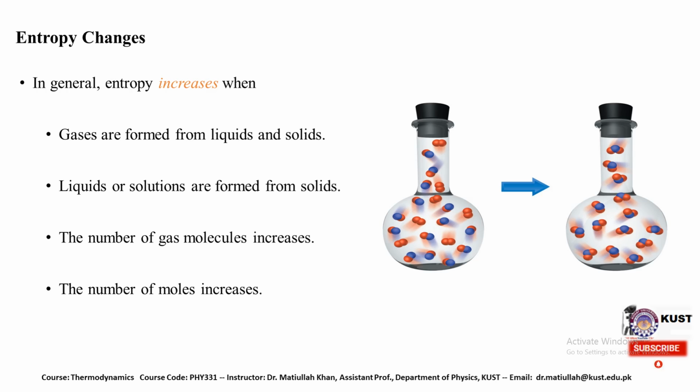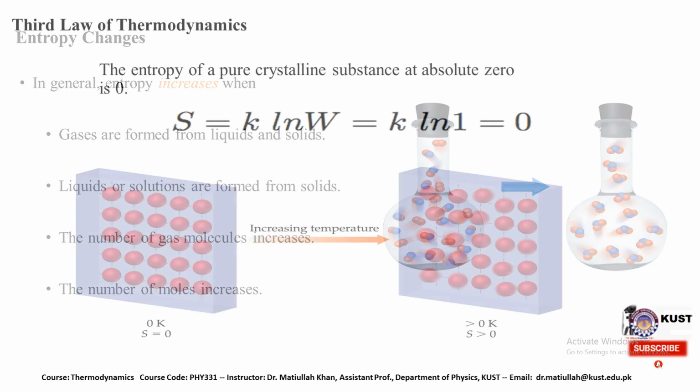That is the crystalline structure of the material. But when it is converted into liquid, randomness occurs and the crystallinity is modified. That is why liquids and solutions formed from solids have higher entropy, so the entropy of the system increases.